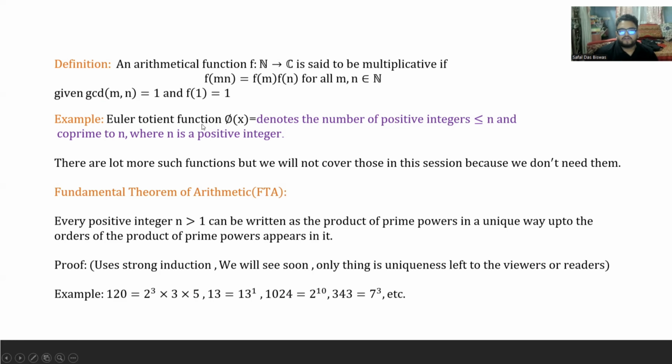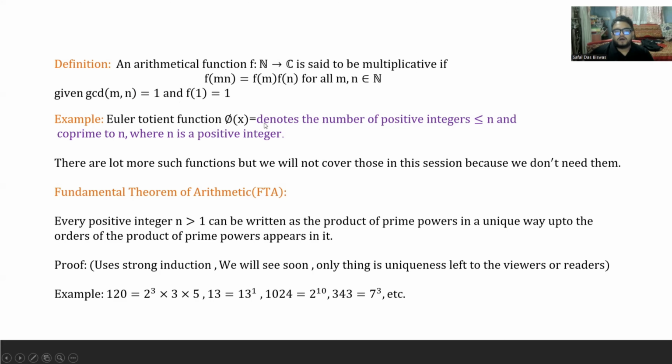Example, the Euler totient function. The Euler totient function, that means the function we started with, as I told you in the question, is one of the multiplicative functions in the class of multiplicative functions, right? It denotes the number of positive integers less than or equal to n and coprime to n, where n is a positive integer. That defines the Euler totient function.